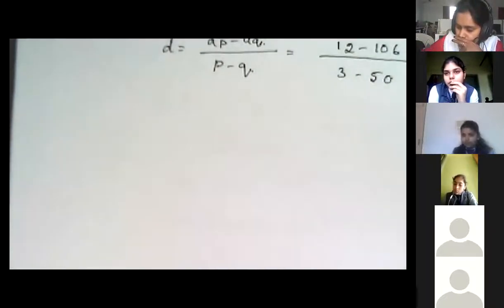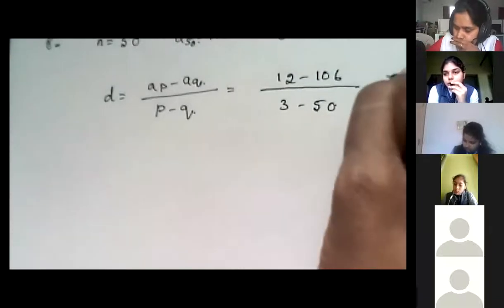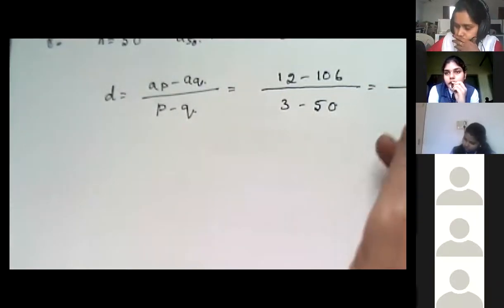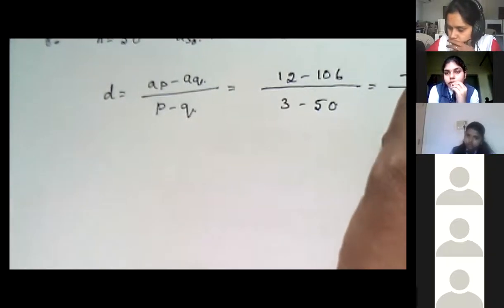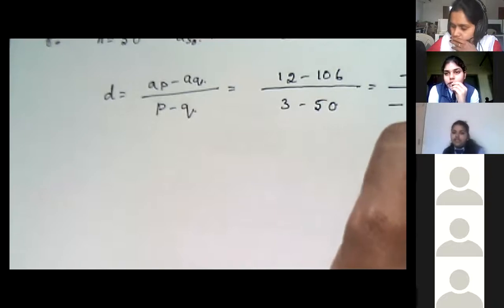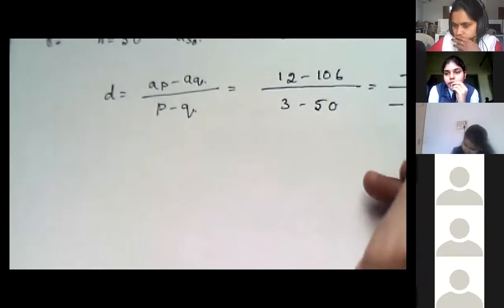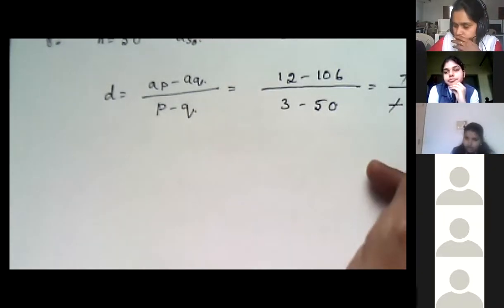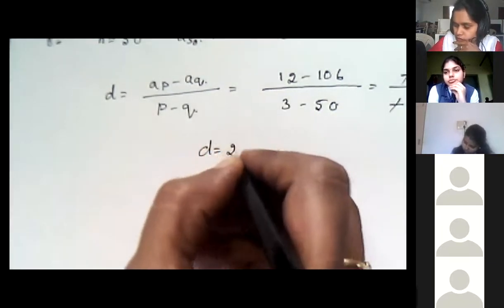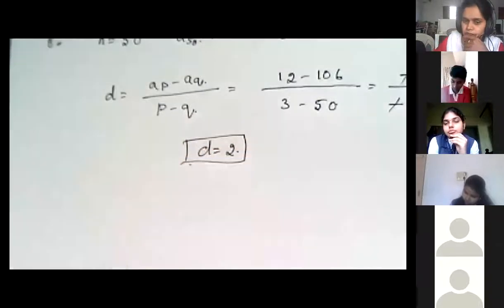So minus 94 divided by minus 47. Is it 2, children? 47 times 2 is 94, it is 2. D equals 2.